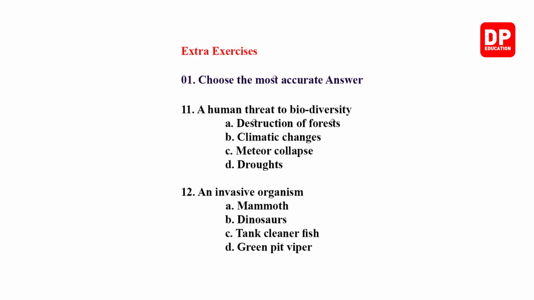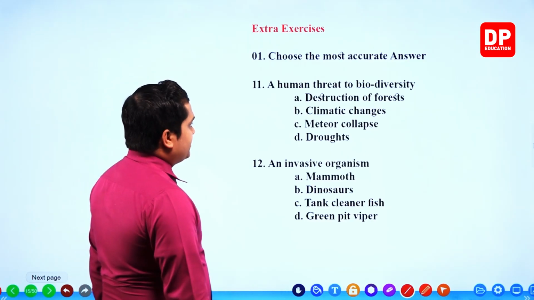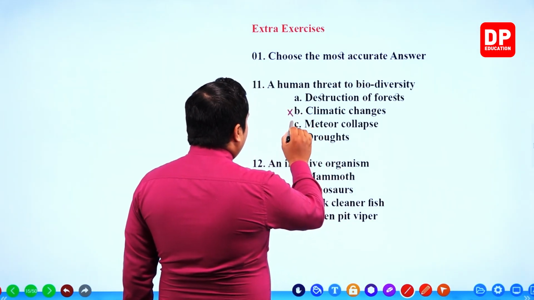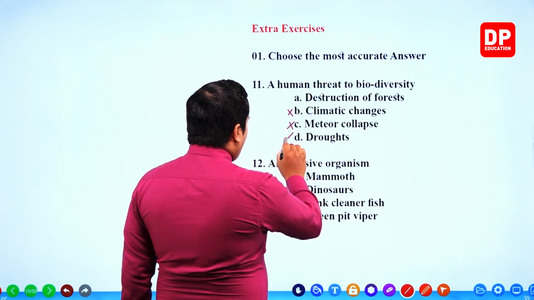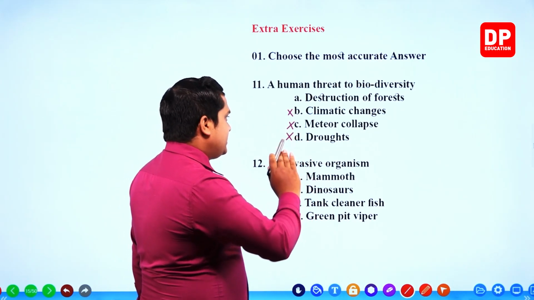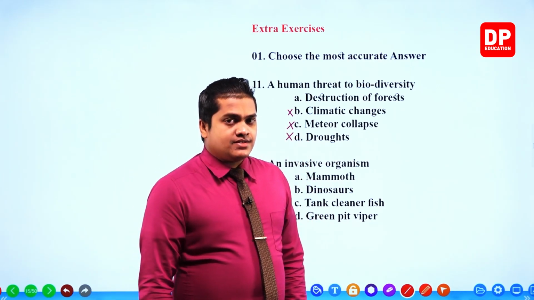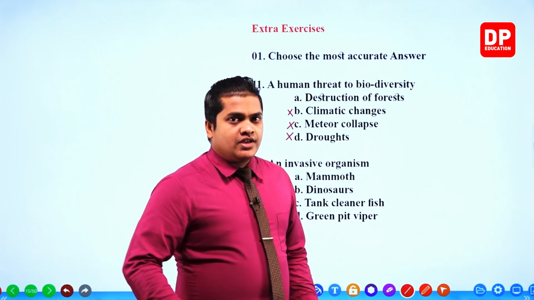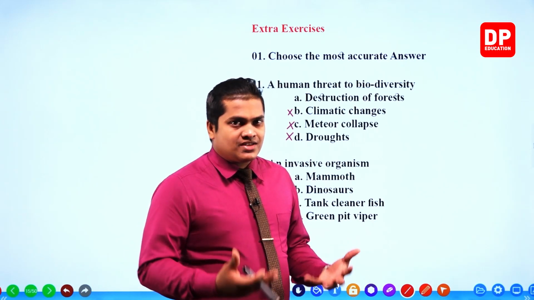Next one, human threat to biodiversity. Human threat: destruction of forest, climatic changes, meteor collision, droughts. So my dear children, this is a very simple question. Climatic changes, meteor collision, droughts. All of these are natural reasons. Naturally those things occur. Meteor collision, natural thing. Drought, once again natural.